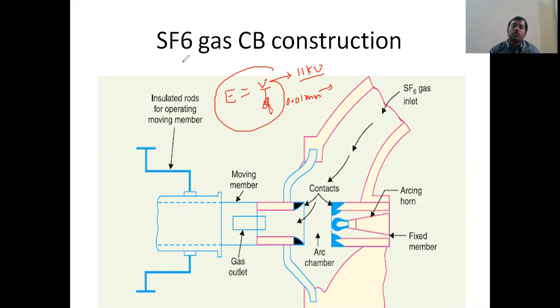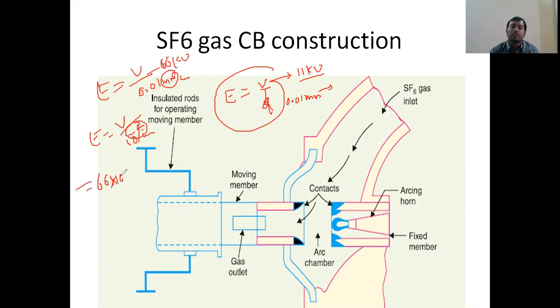So when the gap is small, for example, E equals V by D, with D equal to 0.01 mm and V equal to 66 kV. If you convert this into centimeters, the distance is 10 power minus 4 centimeters, so 10 power 4 goes outside, with 66 kV.